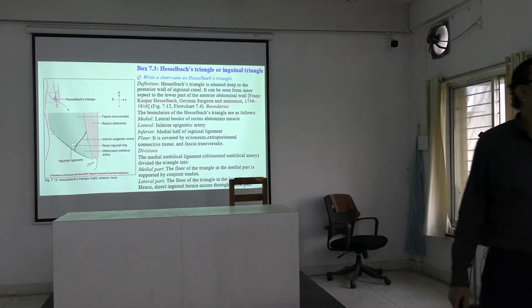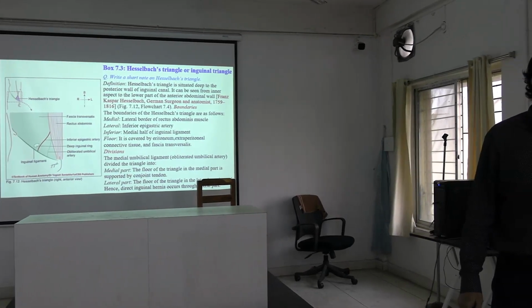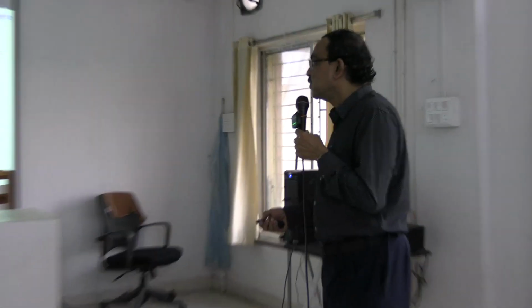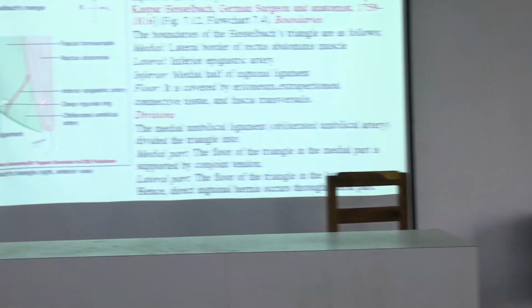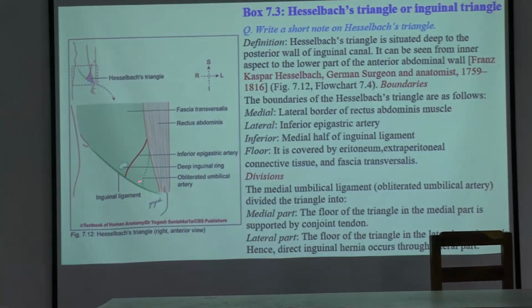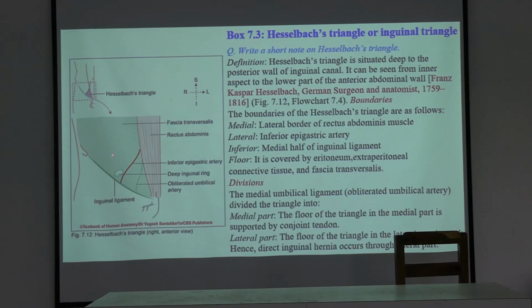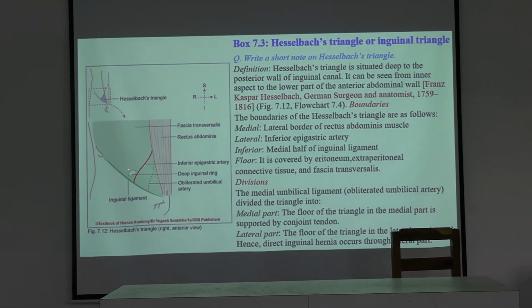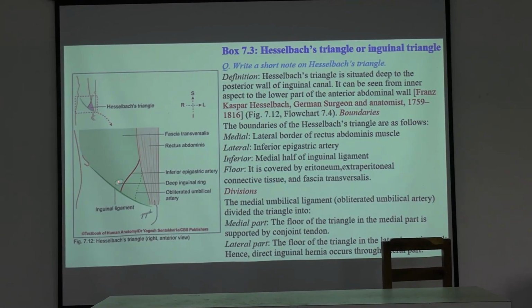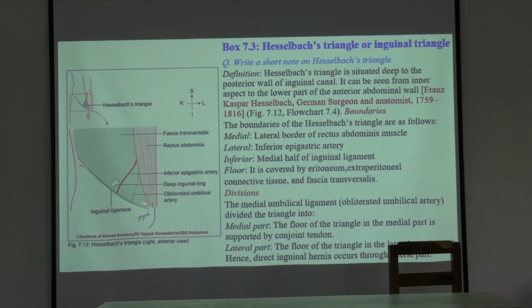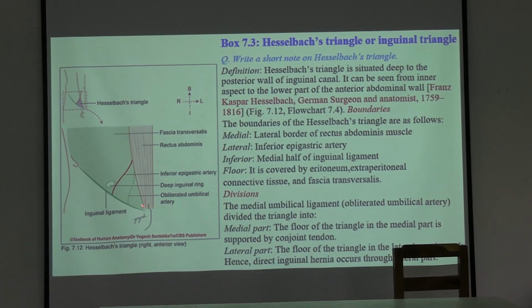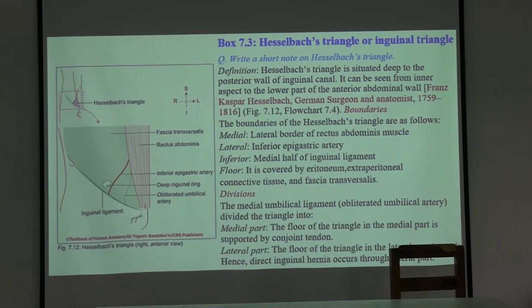This triangle is called Hesselbach's triangle. When any hernia projects through this part of the anterior abdominal wall, this is called a direct inguinal hernia. And when a part of the viscera enters through the deep ring and traverses the superficial ring, that is the indirect inguinal hernia.